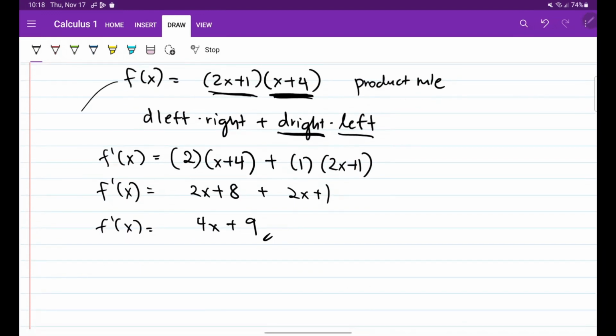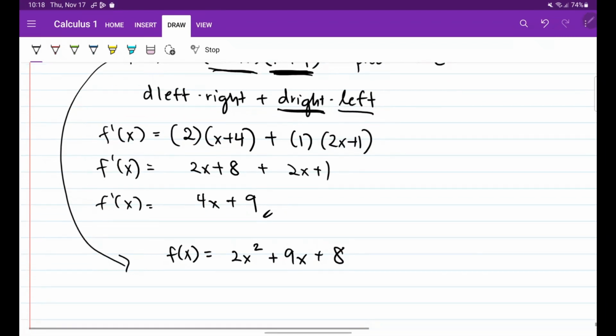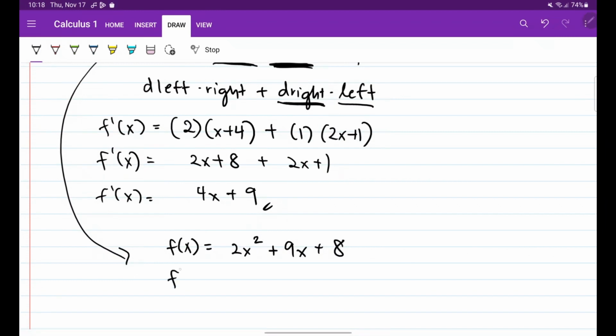So, we multiply out natin to. So, this will become f of x is equal to 2x squared plus, this will become 8x plus 9x plus 8, no? And using yung natutunan natin kanina, f prime of x, pwede natin just take the derivative of each term. So this will become 2 times, bababa natin yung exponent, then minus 1 sa exponent.